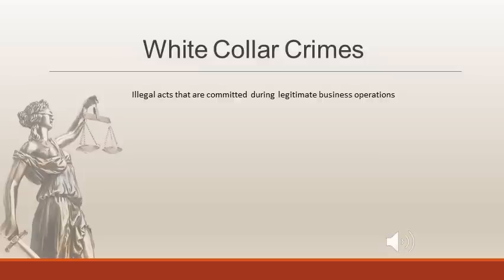Some examples of white-collar crimes, and the ones that we'll discuss in this presentation, are embezzlement, mail fraud, bribery, bankruptcy fraud, stealing trade secrets, and insider trading.